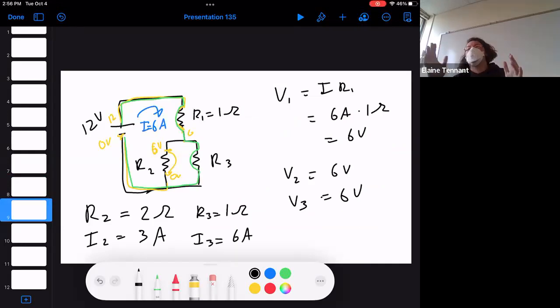Because since the voltage across them is the same, I'm hoping you see that the smaller resistor is going to pull more current, and the larger resistor is going to pull less current. The common analogy that you will see people use is water running down a hill, where the height of the hill would be like the voltage.